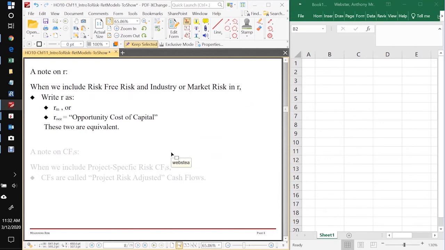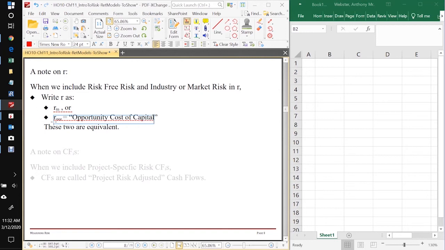Okay, so let me just give a quick note on our interest rate or discount rate here. We're including our risk-free risk and industry or market risk in R. And when we do that, we're going to start writing R as RM or ROCC.